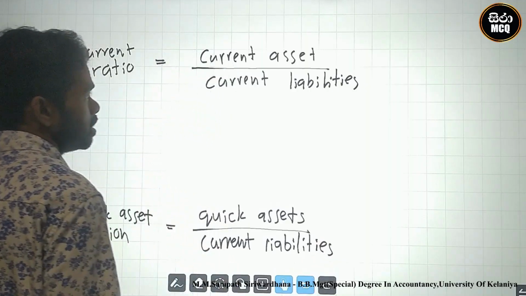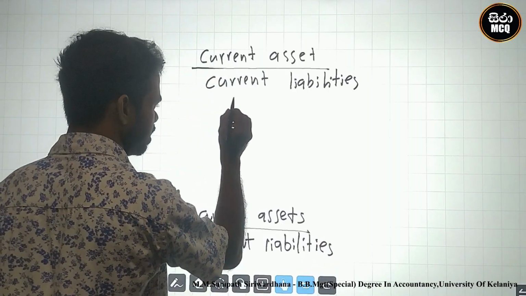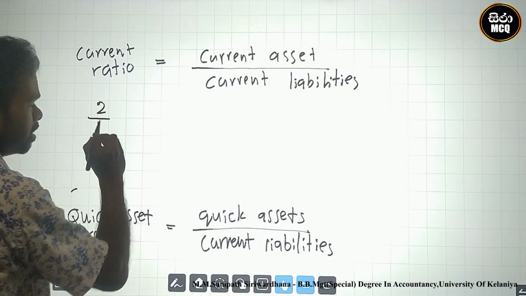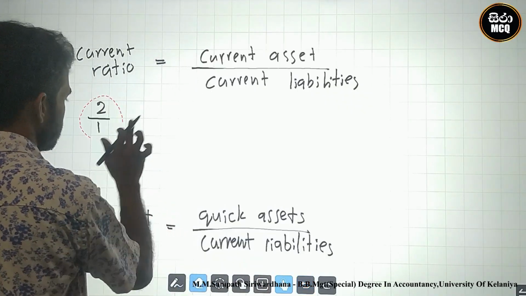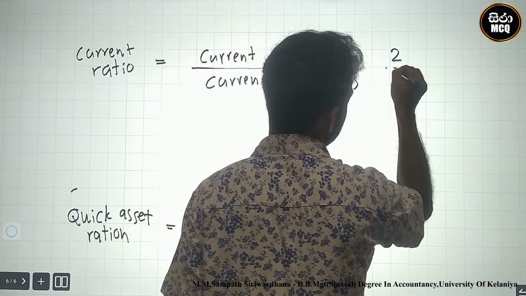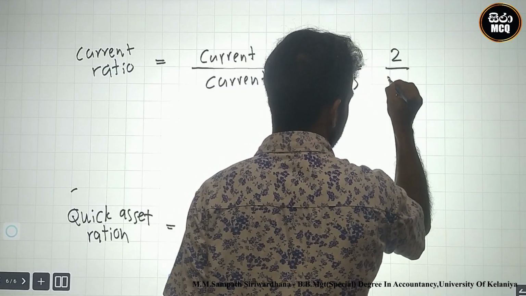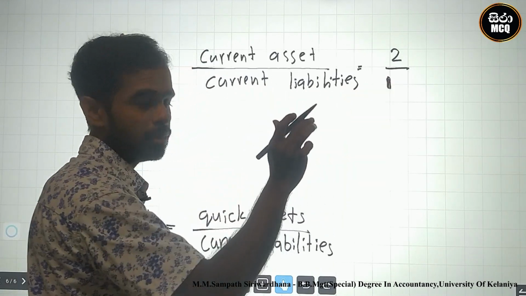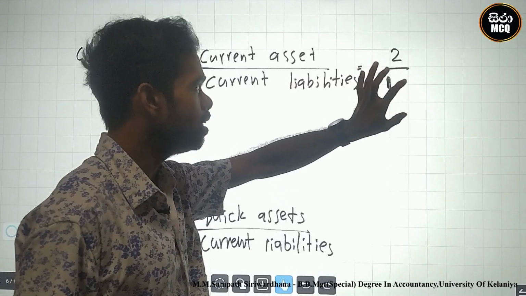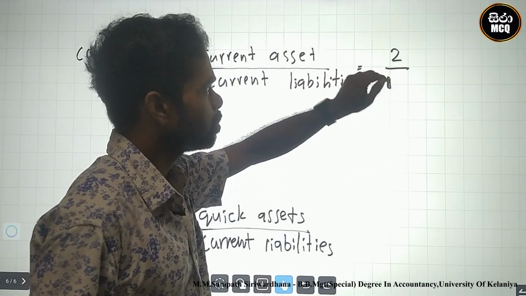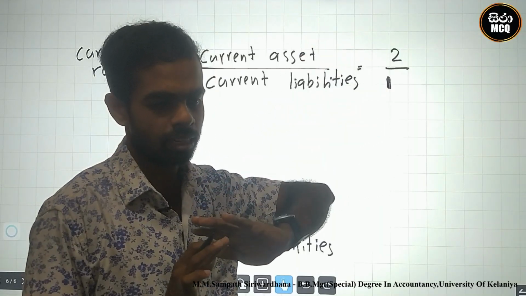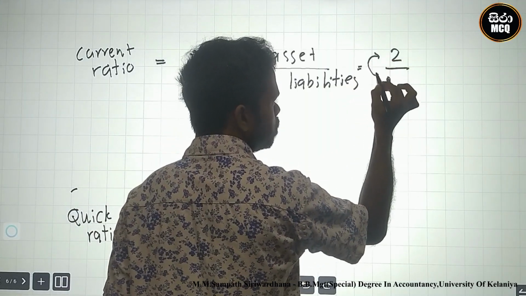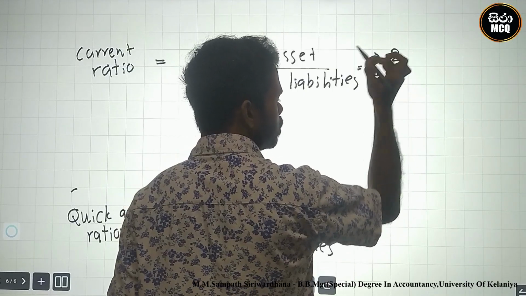What is the meaning of this? There is the current asset, no? The current ratio answer is 2 times. 2 times means, for 1 rupee of current liabilities, we have current assets of 2 rupees to pay it.